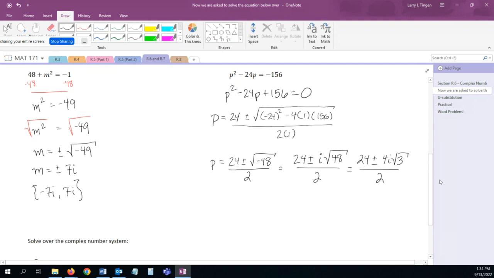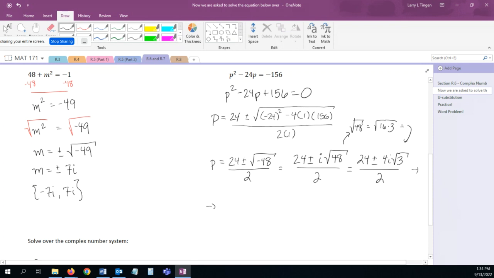Square root of 16 is 4. Can I do any more with that? Anybody need to see what in the world just happened there? Now I can't simplify on the right anymore.